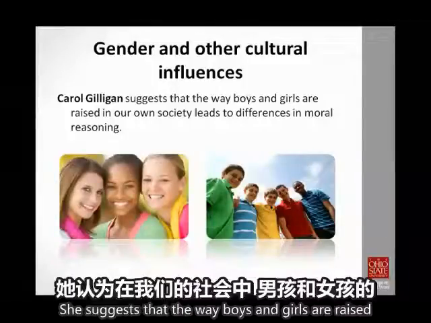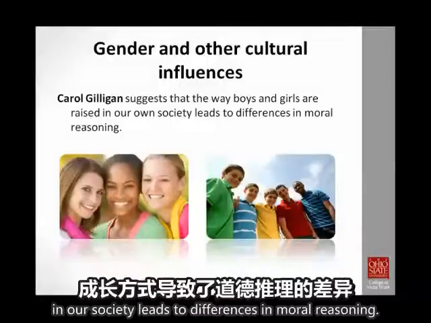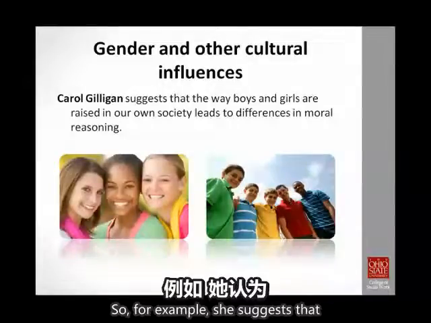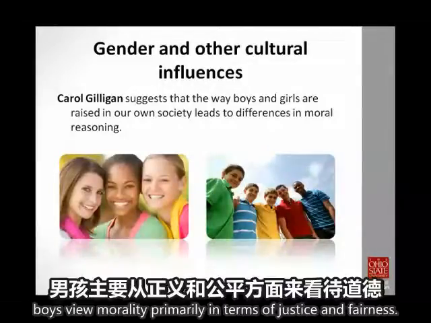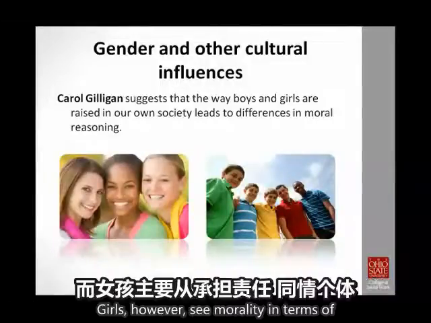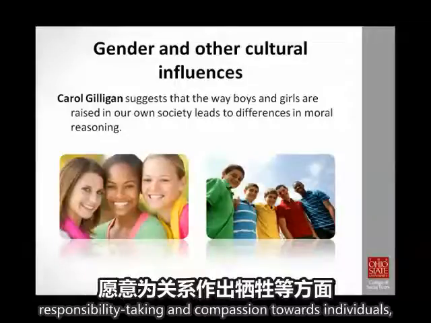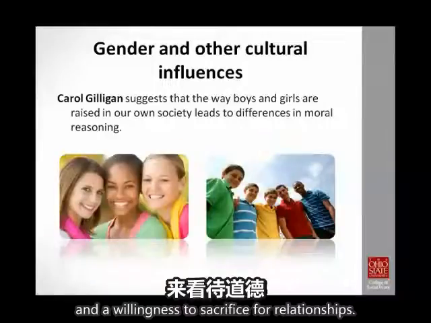She suggests that the way boys and girls are raised in our society leads to differences in moral reasoning. So, for example, she suggests that boys view morality primarily in terms of justice and fairness. Girls, however, see morality in terms of responsibility taking and compassion towards individuals and a willingness to sacrifice for relationships.